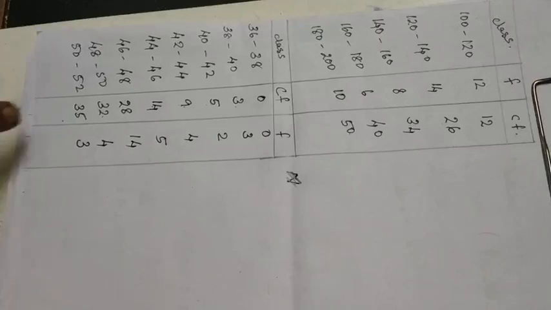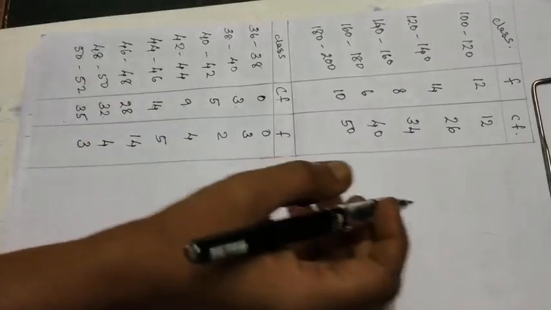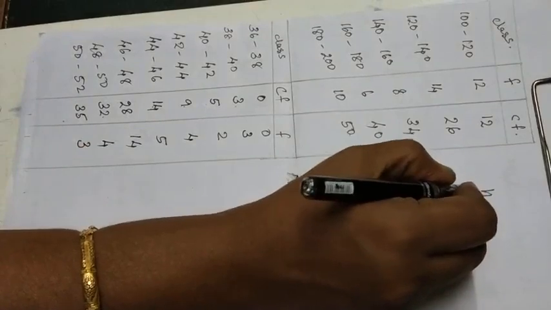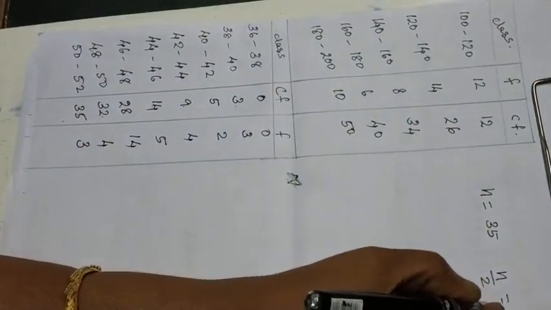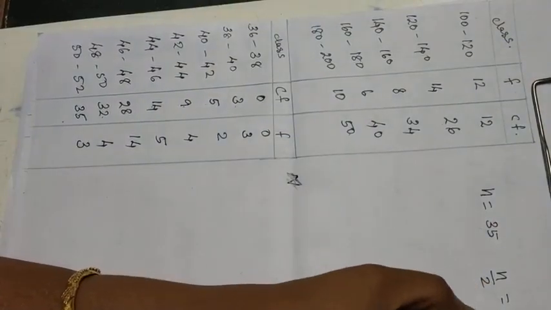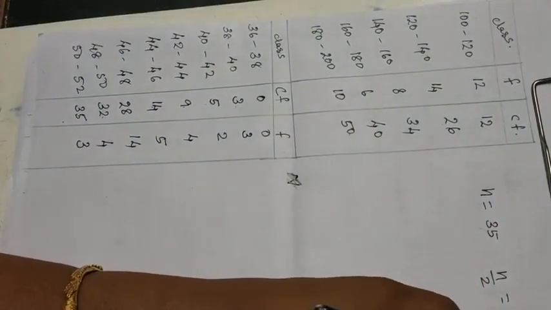So these are the frequencies you are getting. Now total is 35, so n is equal to 35. So n by 2 means 35 by 2, that is 17.5.